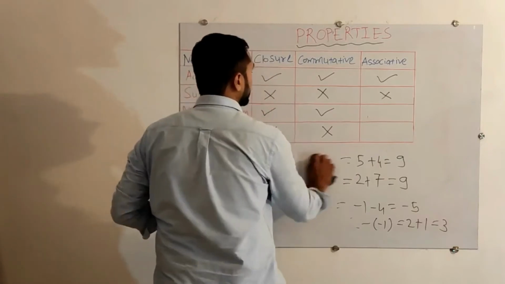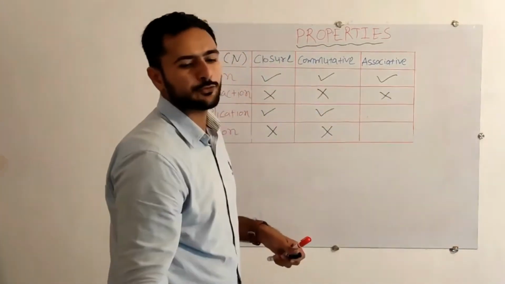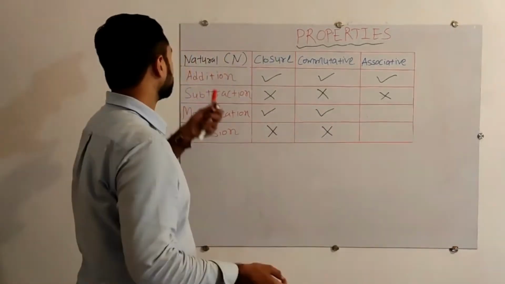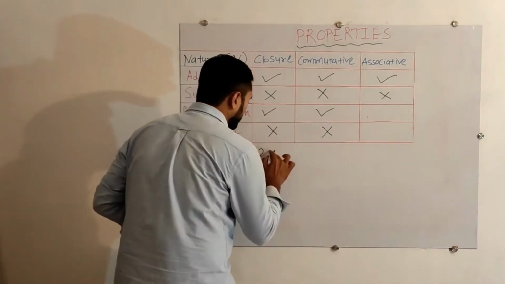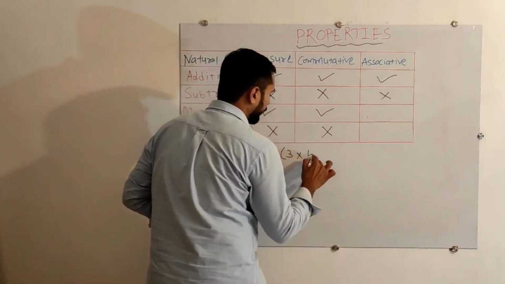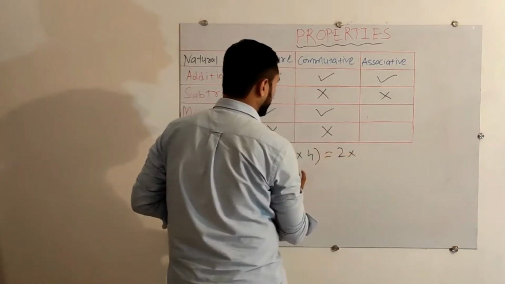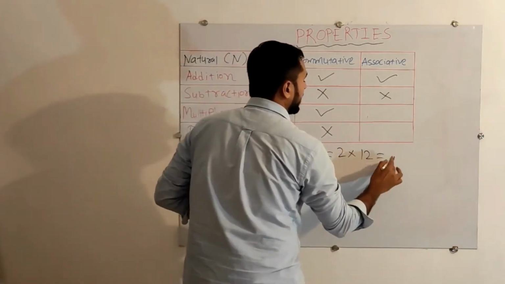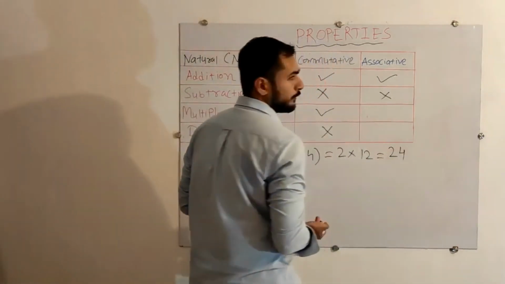Now we will do it for multiplication. Again we select the same types of numbers from the given set, that is natural numbers. So again I am going to select 2 multiplied by 3 multiplied by 4. Here is the bracket. 2 multiplied by 3, 4 12s are, sorry, 3 4s are 12 and 12 2s are 24. That is 24.